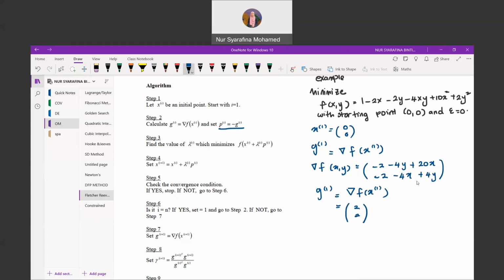Now when i equals 1, P1 equals negative G1. Sorry, this is negative 2, negative 2. So now this is your G1, negative 2, negative 2, and P1 is negative G1. So we have 2, 2.